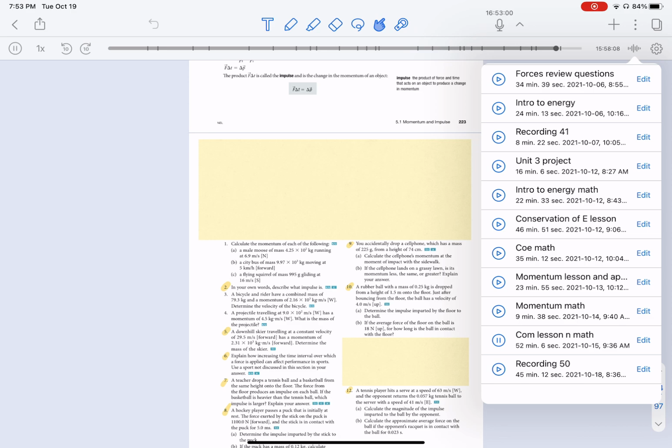So here we go. Same table of values as before. We have the mass of Maddie, mass of my brother.